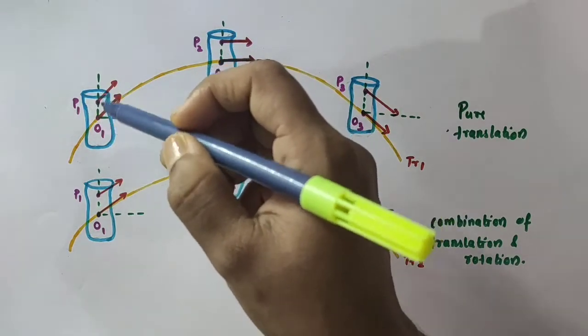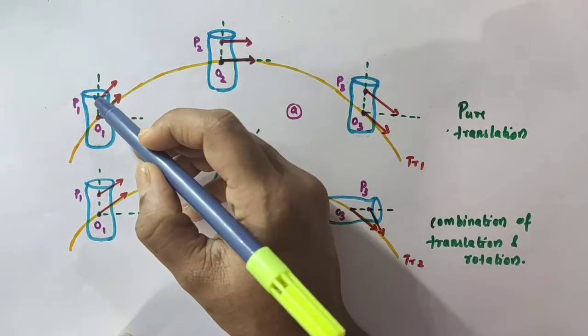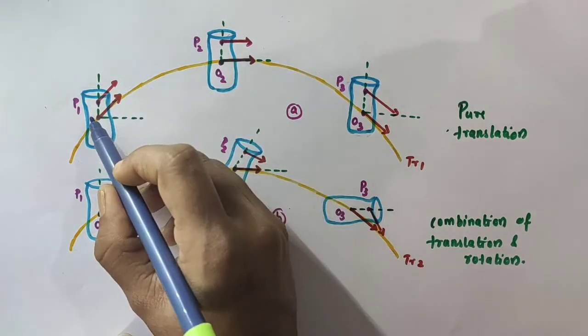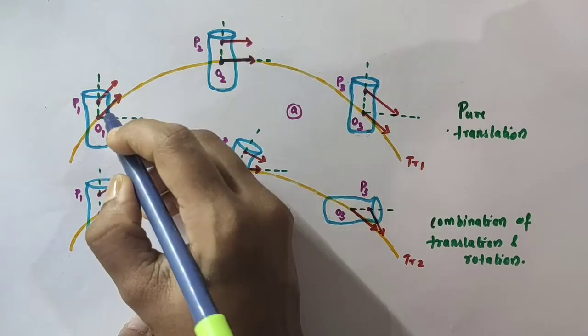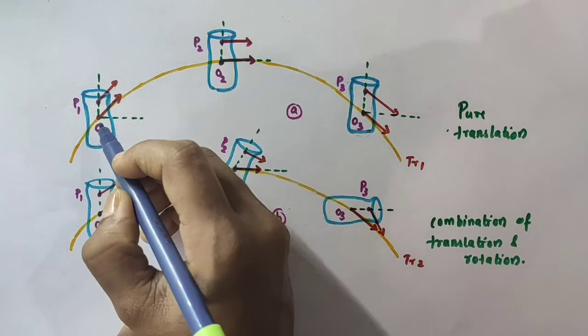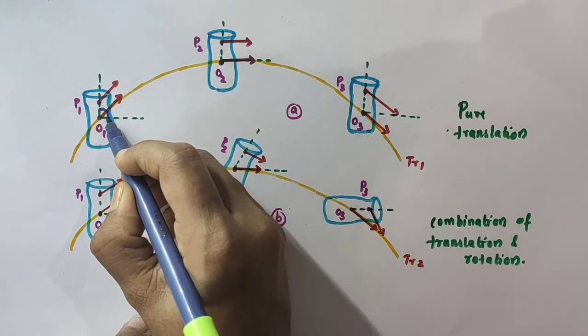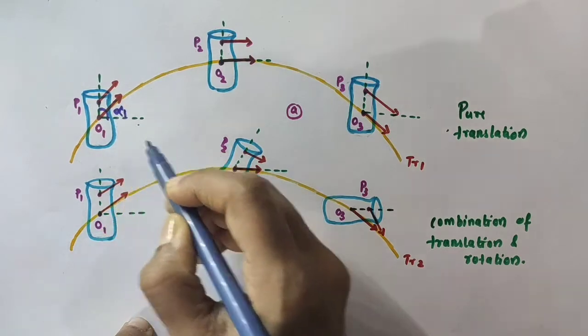In pure translational motion, the orientation of OP remains the same at any instant. That is, the orientation of OP means the angle OP makes with a fixed direction, here the horizontal, remains the same. So O1P1 makes an angle with the horizontal line, which I am taking as alpha 1.